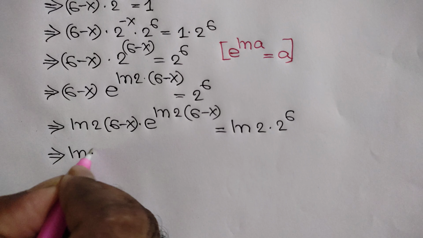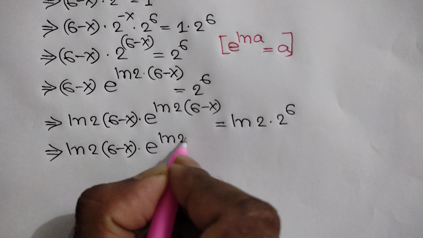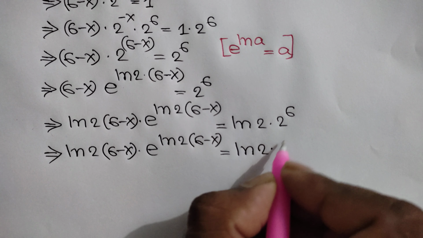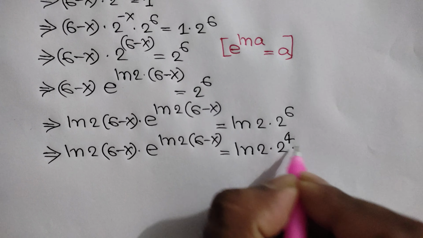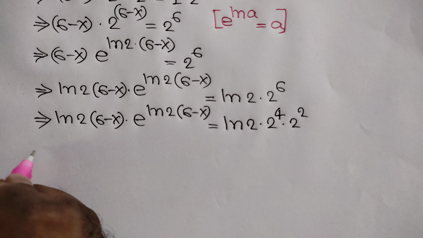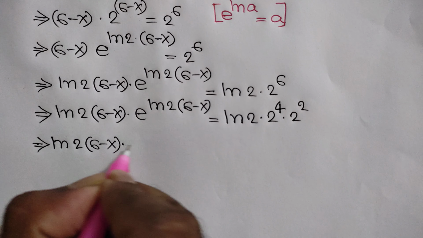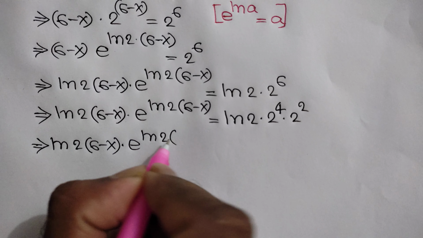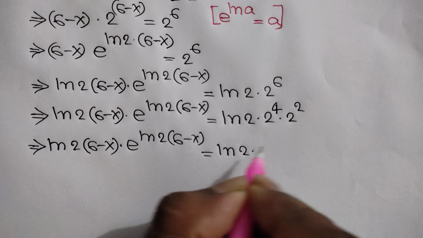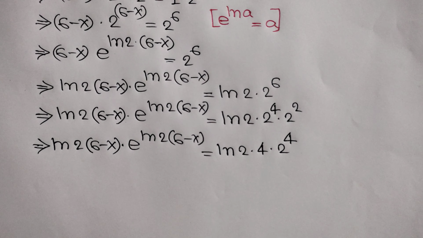So ln of 2 times 6 minus x times e to the power ln of 2 times 6 minus x is equal to ln of 2 times, now 2 to the power 6 can be written as 2 to the power 4 times 2 squared, that means 4 times 2 to the power 4.